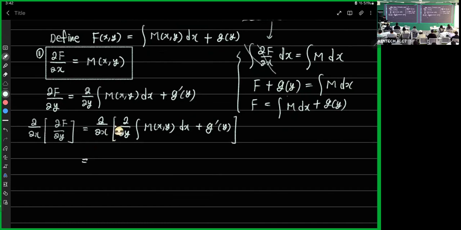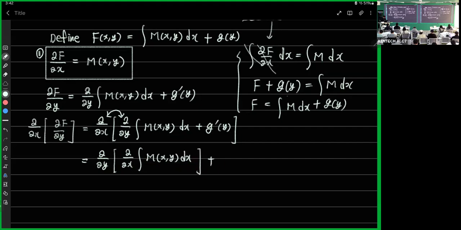Partial x, partial x, and the partial y, and then integral. This is the integral with respect to x. Now we can change the partial derivatives. It's possible. Okay, so we got partial y, and partial x, the integral of M(x,y) dx.